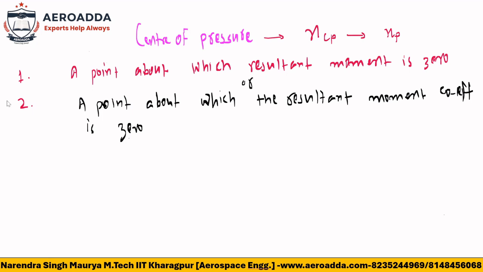Both are the same thing. So the point is that m is zero, or cm is zero. This is all about the aerodynamic center.